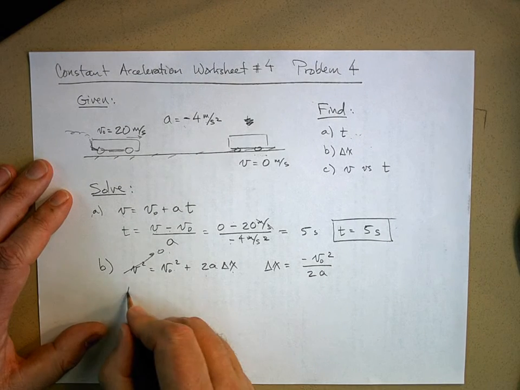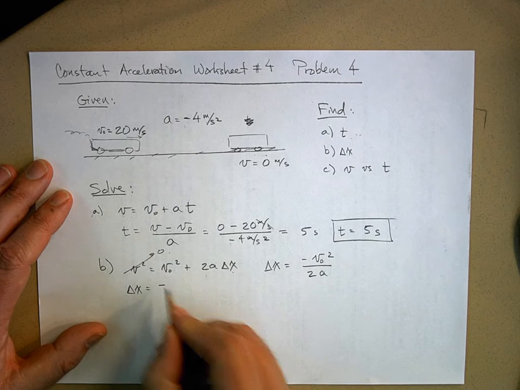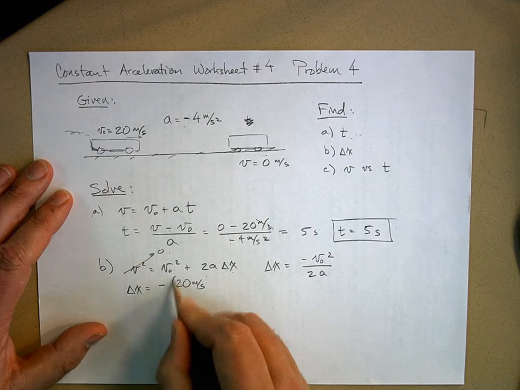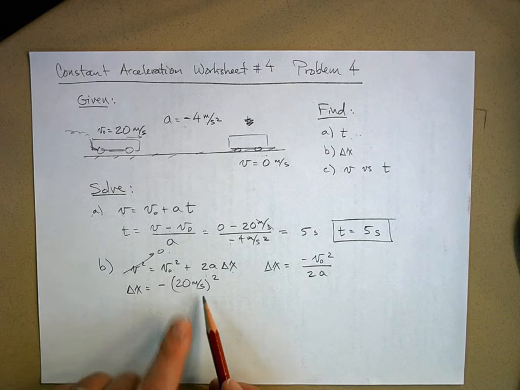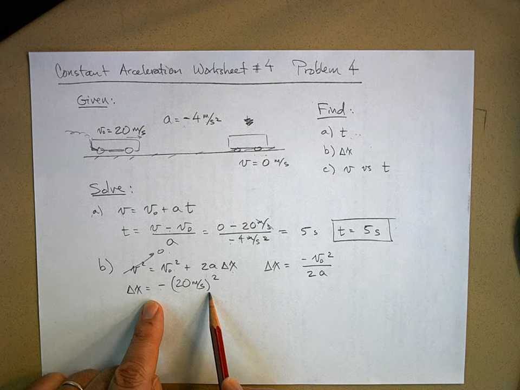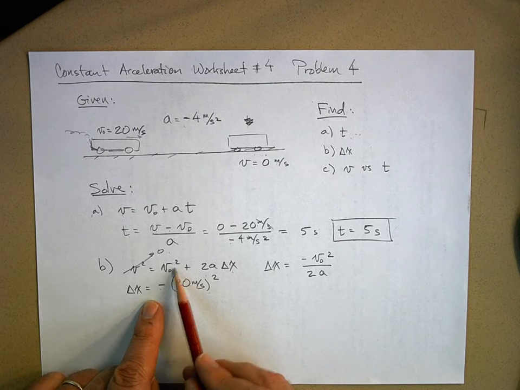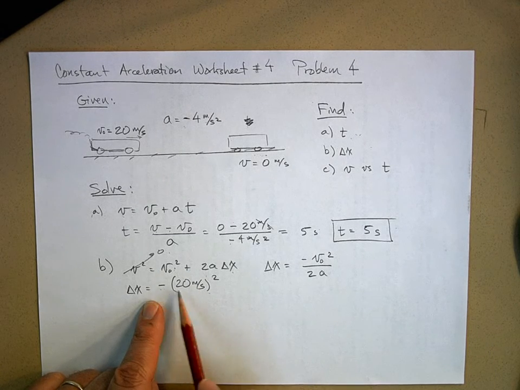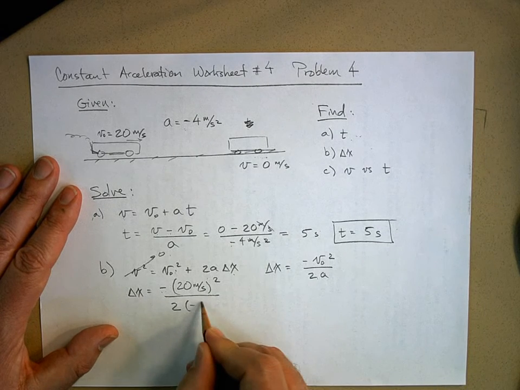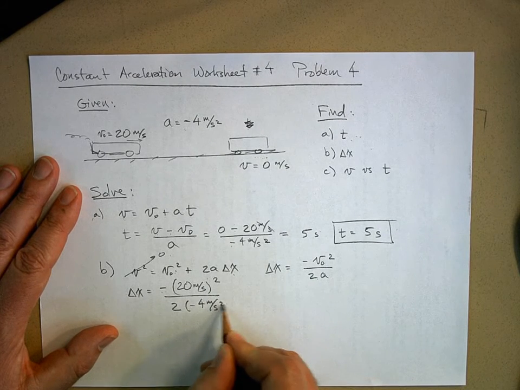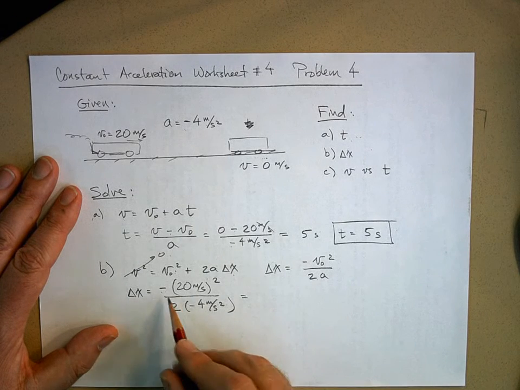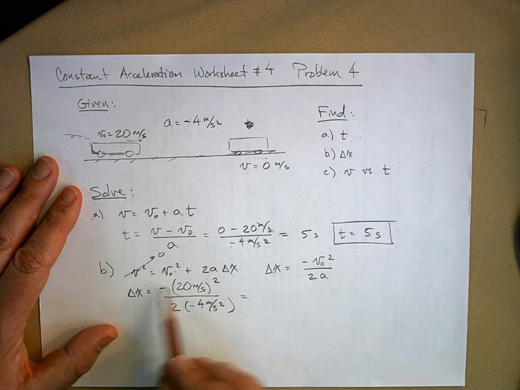And now I'm going to plug in my values. Well, v naught is 20 meters per second, but you have to square it. And notice that this negative is not in this parentheses. This comes from the subtraction to the other side, so don't square it away. Divided by 2a, 2 times negative 4 meters per second squared. So here I've got a negative from the subtraction.